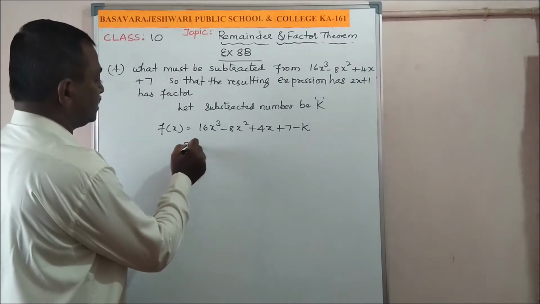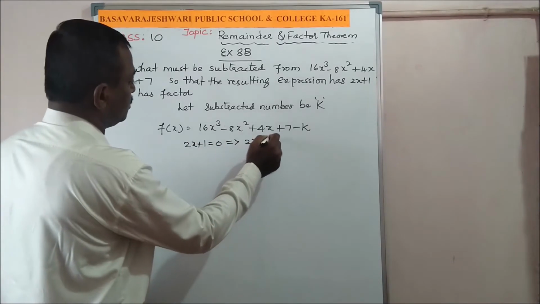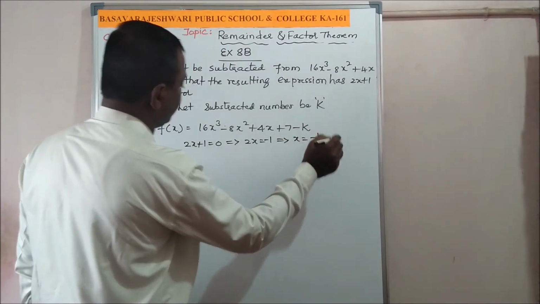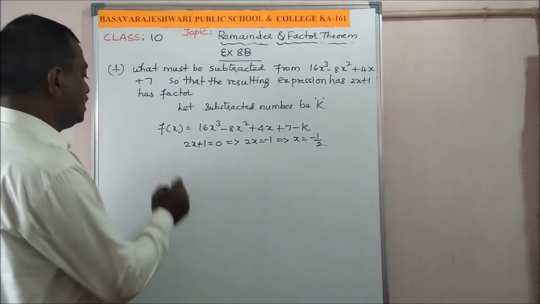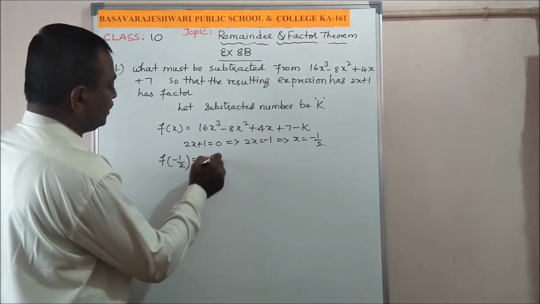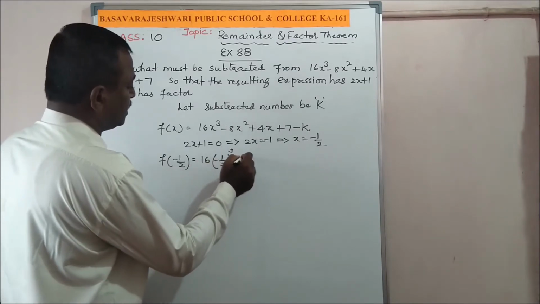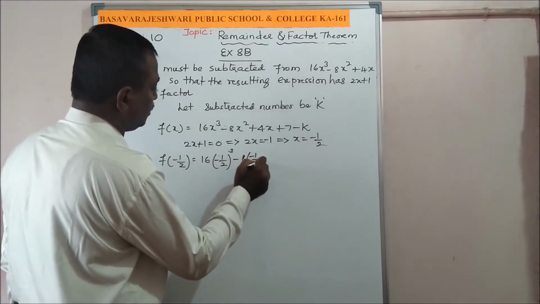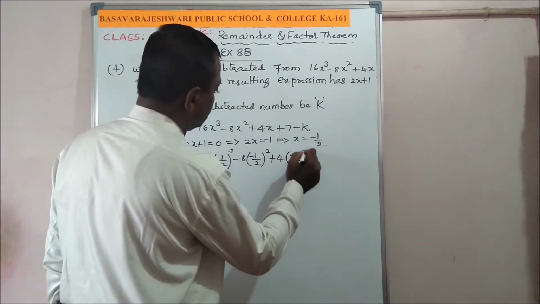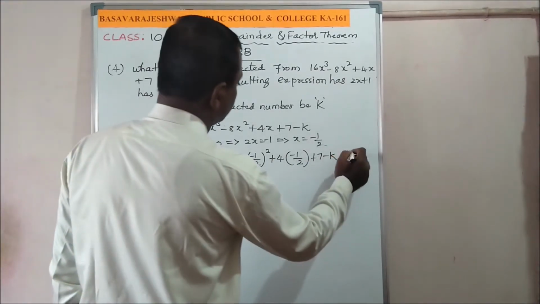So what is the factor they are saying? 2x plus 1 is equal to 0. This implies 2x is equal to minus 1. This implies x is equal to minus half. So f of minus half is equal to 16 into minus 1 by 2 whole cube minus 8 into minus 1 by 2 whole square plus 4 into minus 1 by 2 plus 7 minus k is equal to 0.